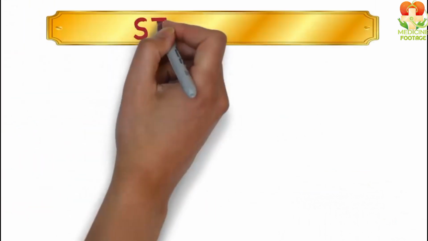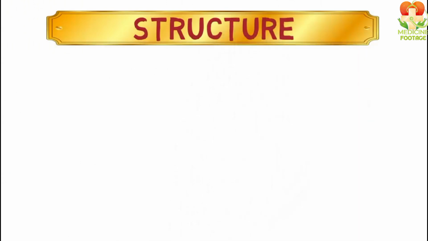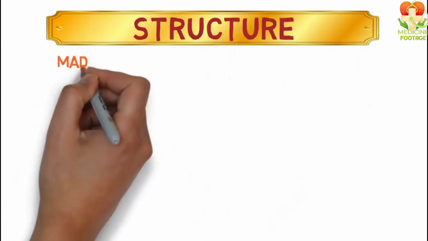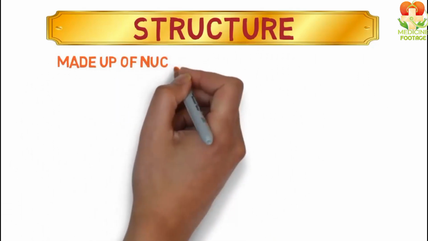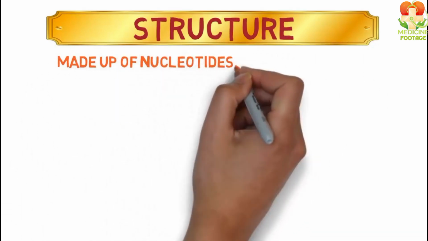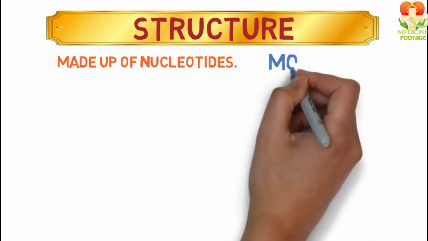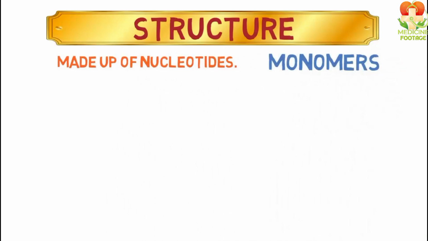Now we come to the structure of nucleic acids. Friends, nucleic acids are made up of nucleotides, and nucleotides are the monomers of nucleic acids. Just like I previously taught about the monomers of proteins, lipids, and carbohydrates. What are they?